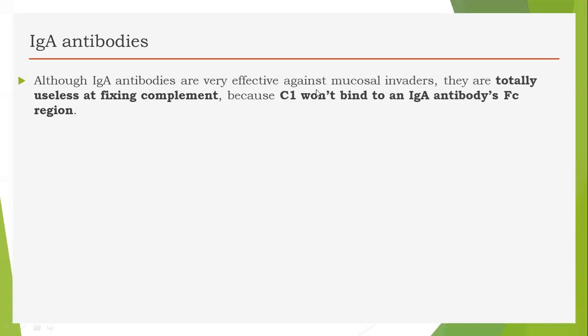So complement C1 factors will not bind to the constant region of immunoglobulin A. Would anyone have an idea why immunoglobulin A does not play a significant role in complement fixation or activation of the complement system?